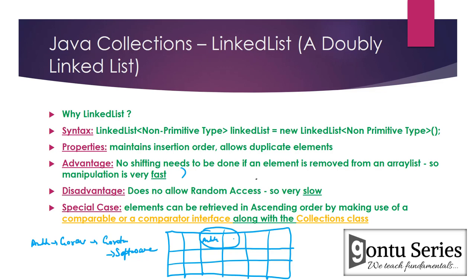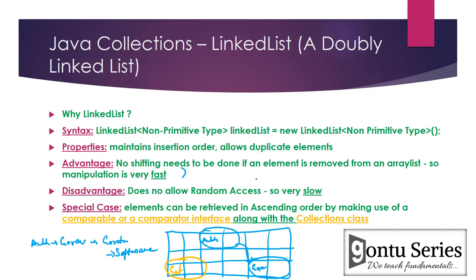But as soon as I add Gaurav there, it's going to create one more node. It's going to write Gaurav, it's going to be pointing to null, and this is going to be pointing to this. So it's going to contain the address of Gaurav, correct? And in the same manner it's going to create another node for Gontu.